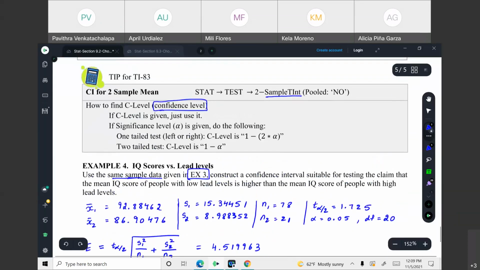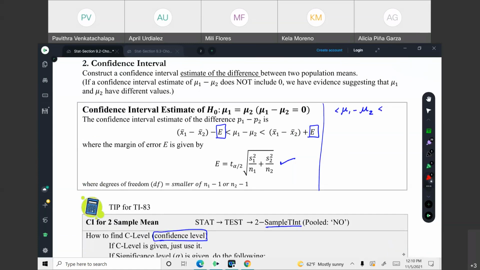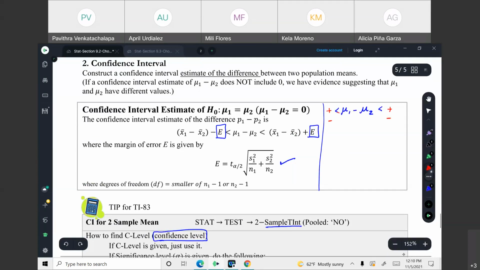This is a bit confusing, but if you can understand it, you can easily do it. You know that mu1 minus mu2 is what you are going to calculate, and you will have two numbers on either side of the confidence interval. If these two numbers are both positive, or both negative, then we reject H naught.